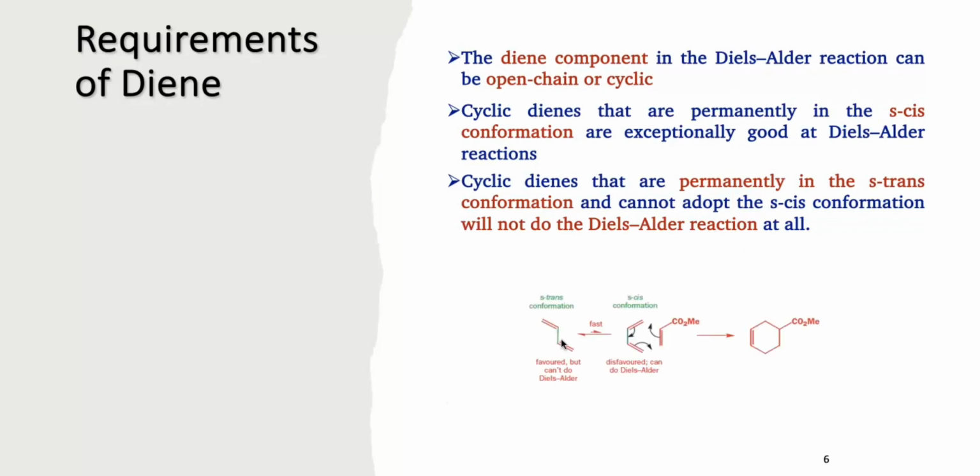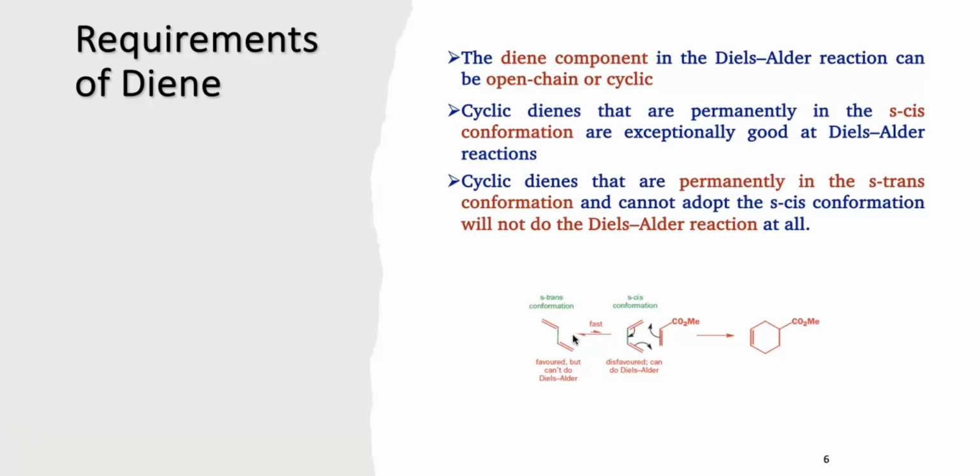So we can see here 1,3-butadiene existing in the S-trans conformation, which is its stable conformation, but this S-trans conformation is not favored for the Diels Alder reaction.